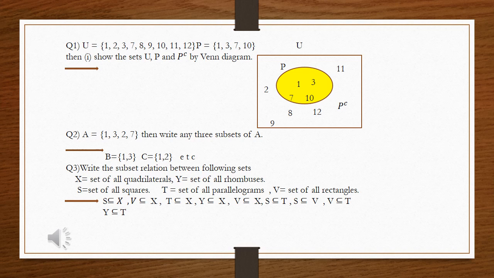So here we can write V is a subset of set T. Now here also we can write Y is a subset of T, because Y is the set of all rhombuses and T is the set of all parallelograms. So this way we can write a subset relation.